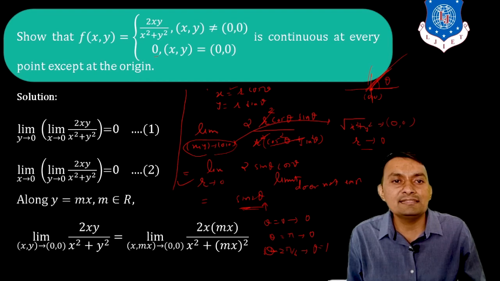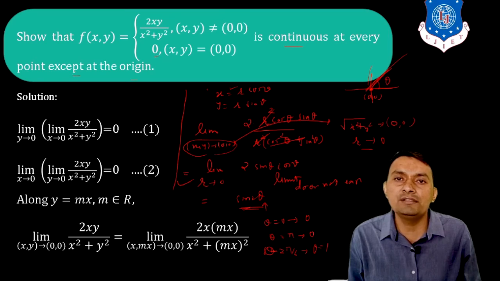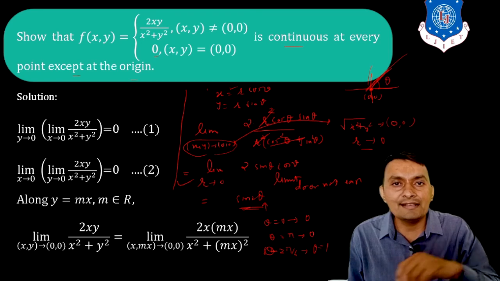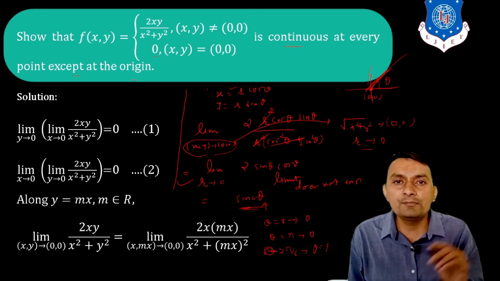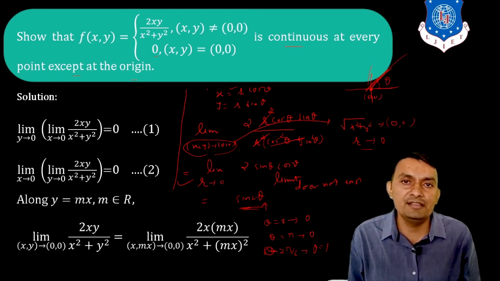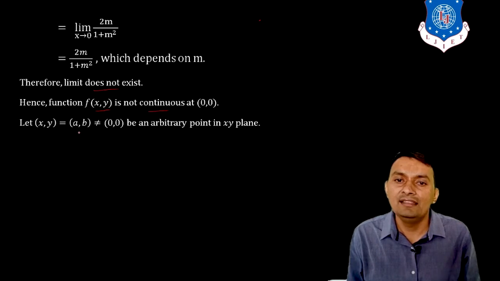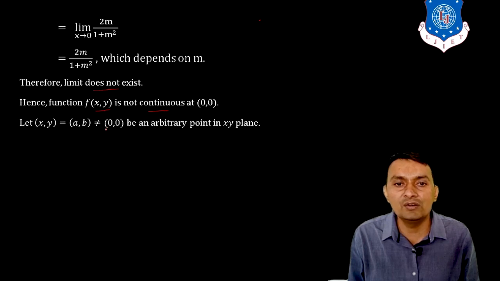But our question says that the function is continuous at every point except at the origin. That means it is discontinuous at the origin, but at all points except the origin it is continuous, and we are going to show that. Let us consider an arbitrary point (a,b), different from the origin.